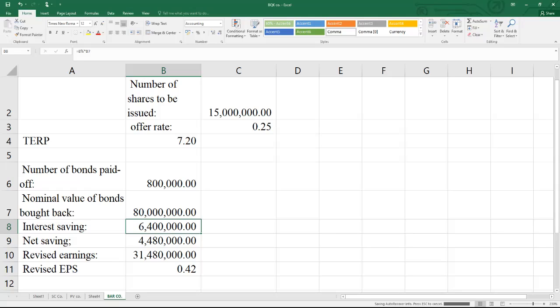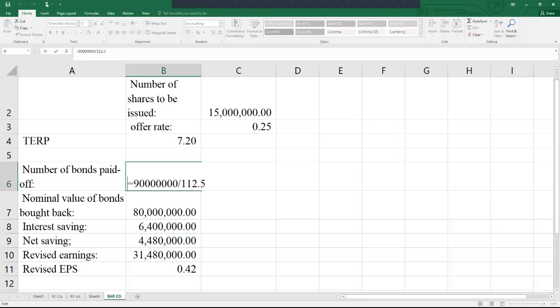Because you want money from the issue of shares. But how much money, therefore, are you going to be raising from the issue of shares? 90 million, yes, 90 million. Okay, the sum is therefore 90 million.